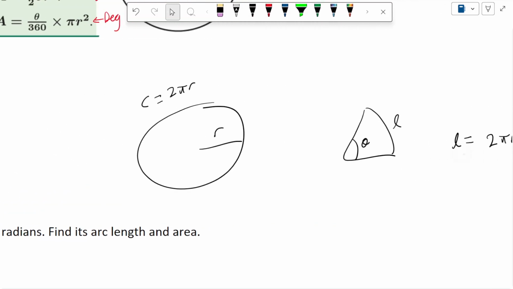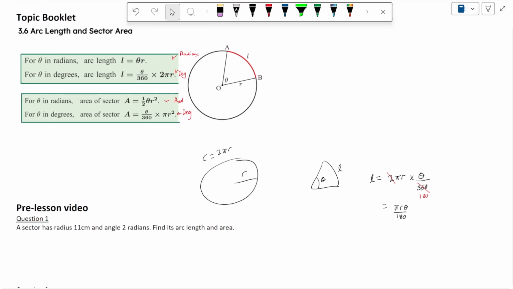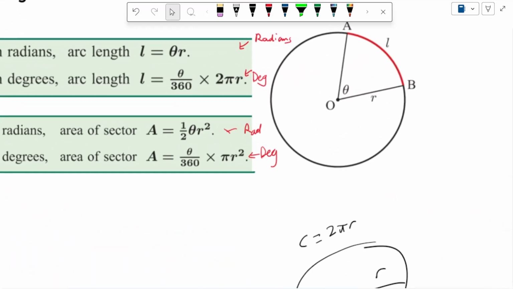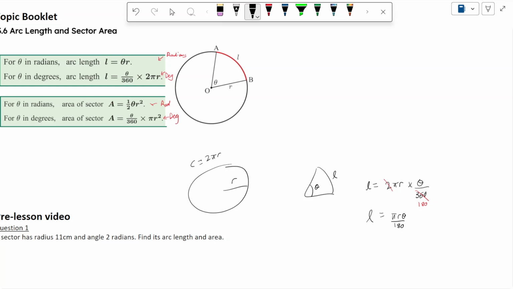So if we simplify that down a little bit, you can cancel off the 2 with the 360 to get 180 down there. So I guess it's pi r theta over 180, right? So that's a little bit nicer. That formula could actually simplify down a little bit. So that's all right. But if we do it in radians, it's a lot nicer.